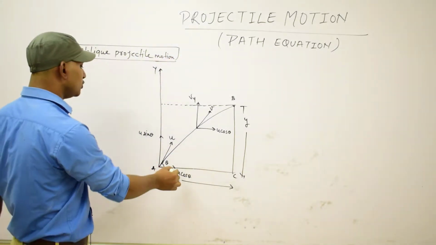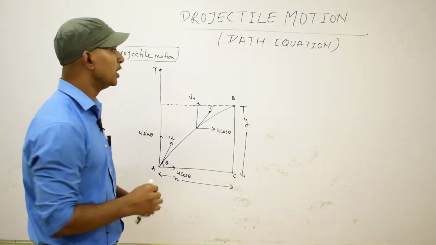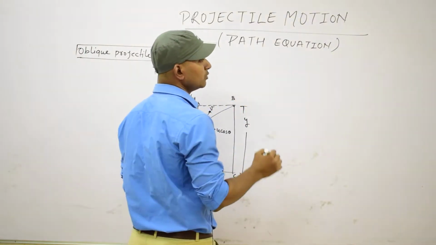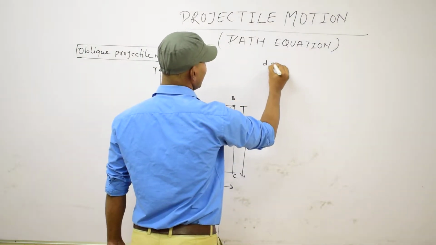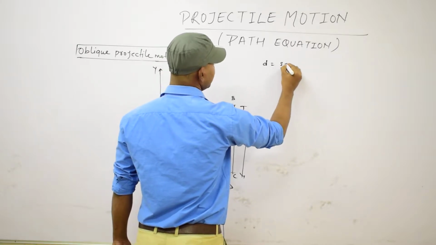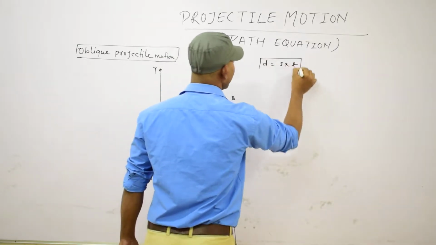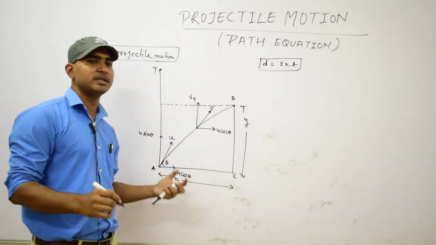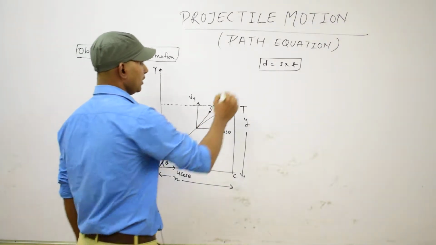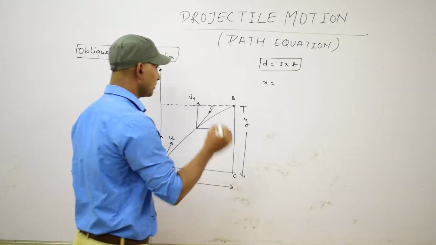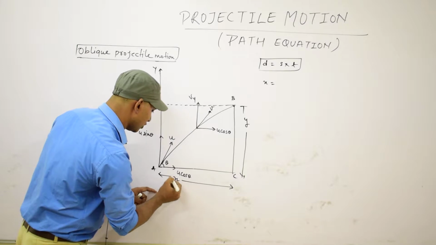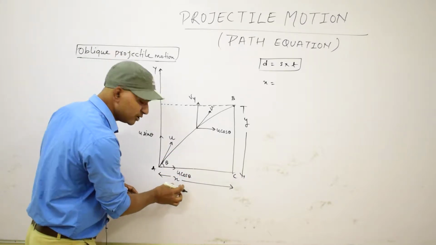So u cos theta remains the same, and from the basics we know that distance is equal to speed into time. So if I want to relate x, u cos theta and t, then x, the displacement in the horizontal direction, or its magnitude, is given by this.